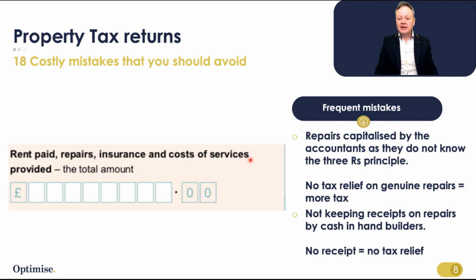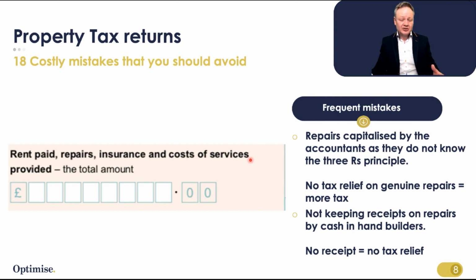The other side to it is if you're using accountants that are generic in nature, they are not property tax specialists. They'll read the tax law and it will say, right, if you are doing certain repairs, it will be capital. But they need to read the property pages to also understand whether they are legitimately a capital item or should be put as a replacement item, which is offset against your income, which means you get a tax allowance.